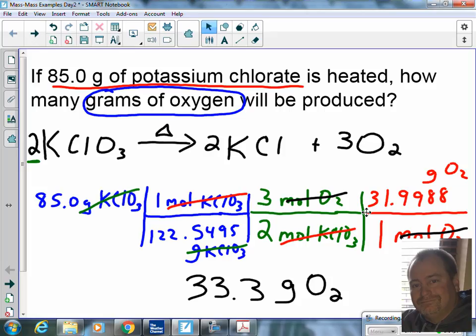What I would do here, and like I said, there's 2 ways that you can do it. What I do is I multiply everything on the top. So, I take 85.